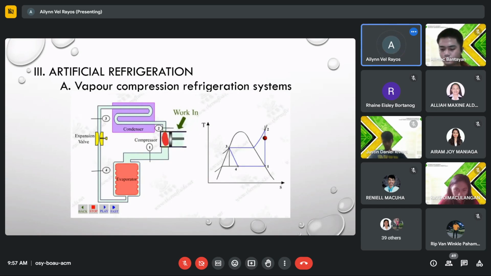We will also cover the substances used and the possible working fluids and flow rates for this type of refrigeration system. So, do you have any questions? How about you, Eva?